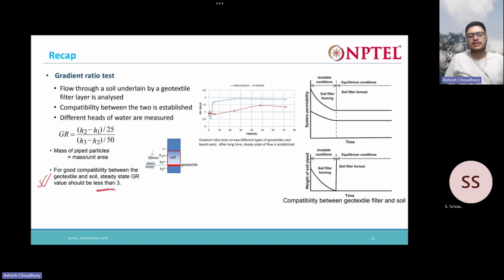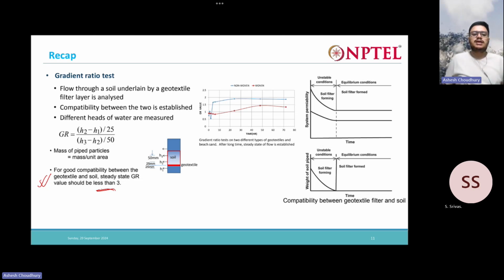How to find that gradient ratio we already discussed in the previous class, and here you can see it is written. Before you implement a design in a site, wherever you are going to use this geotextile filter, you should do this test.